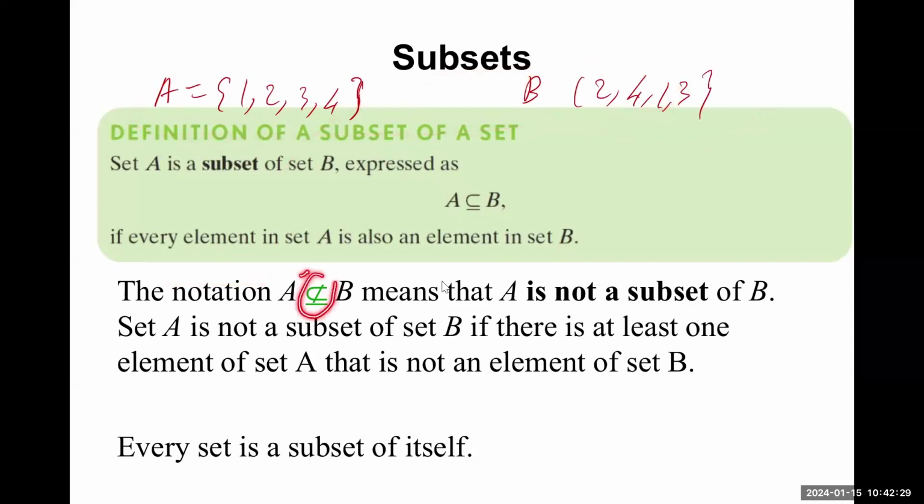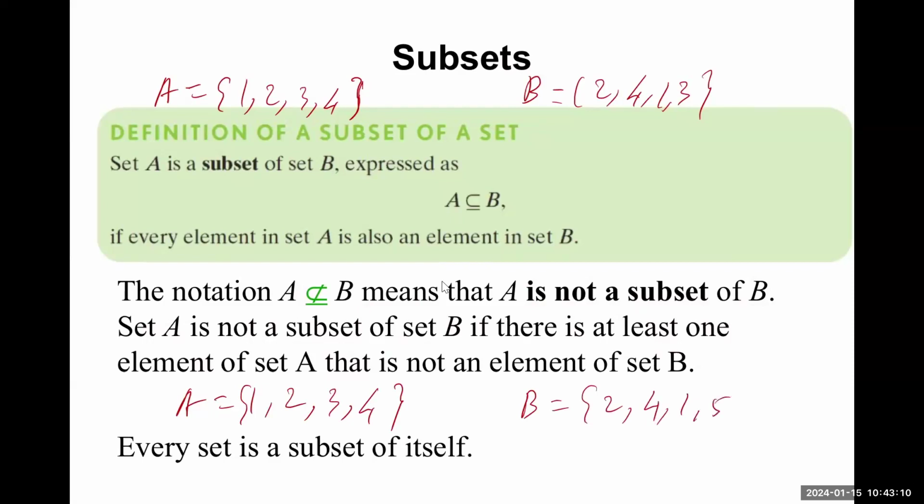Then we have a notation, A not a subset of B, which means that A is not a subset of B. There is at least one element of A that is not in B. For example, A is 1, 2, 3, 4 and set B is 2, 4, 1, 5.